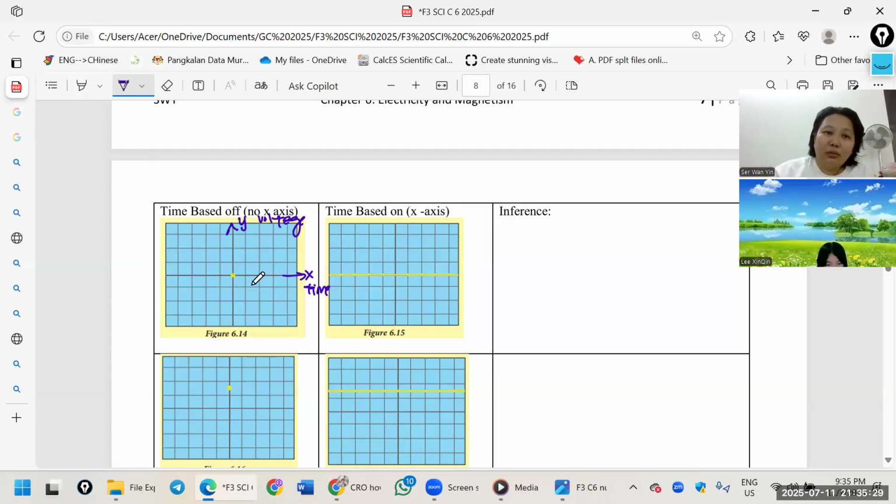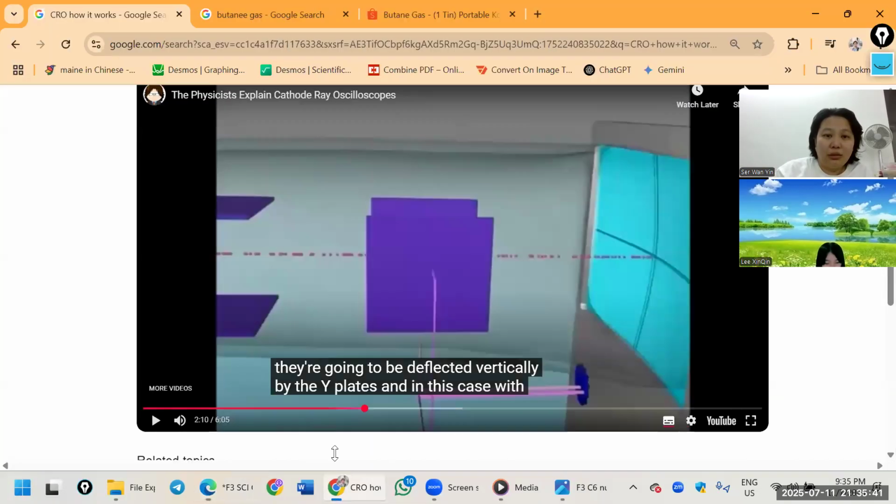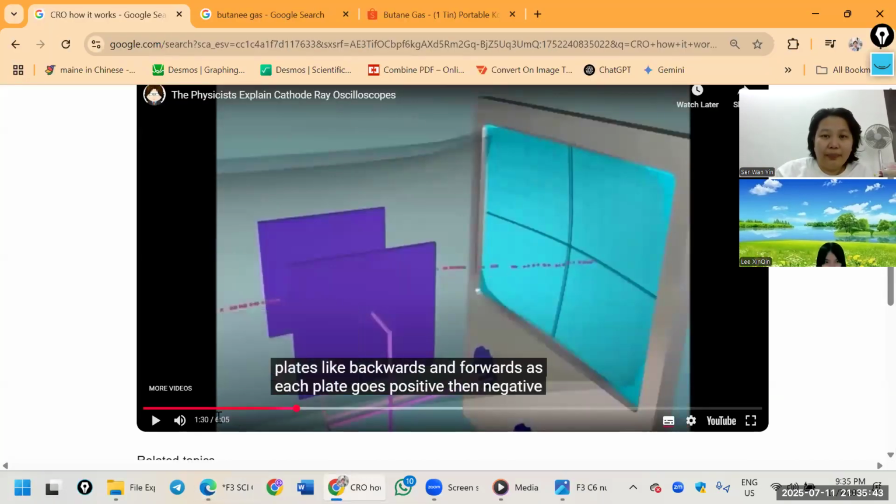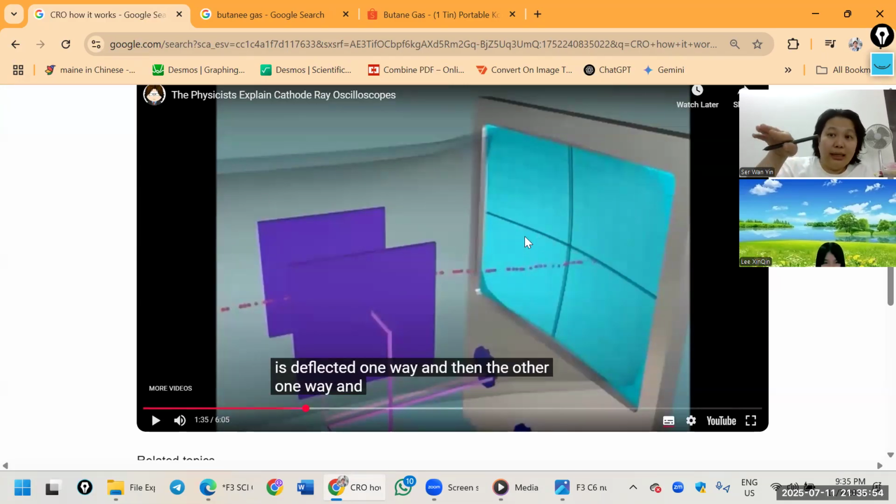Okay, so when nothing is input, then the time base stops. Time start means it will sweep a line like just now. Negative, positive, the electron beam is deflected one way and then the other way. And so Y start means behind there the beam is sweeping.